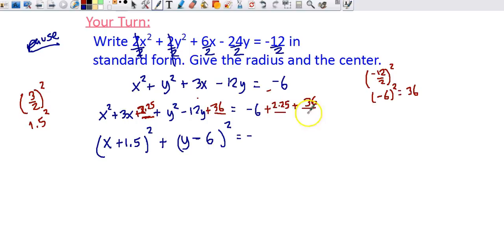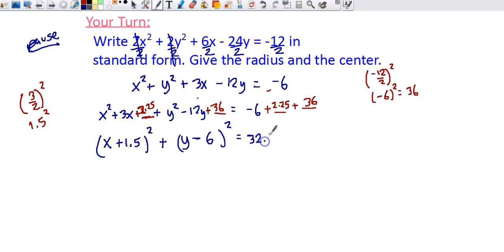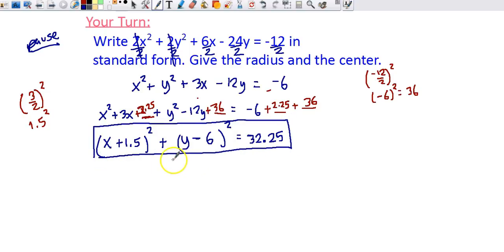All right, and these numbers add, let's take a second to add those. So negative 6 plus 2.25 plus 36. And you're going to get 32.25. Here's the equation, but it also wants the radius and the center. So the center is going to be the opposite of what's in the parentheses.